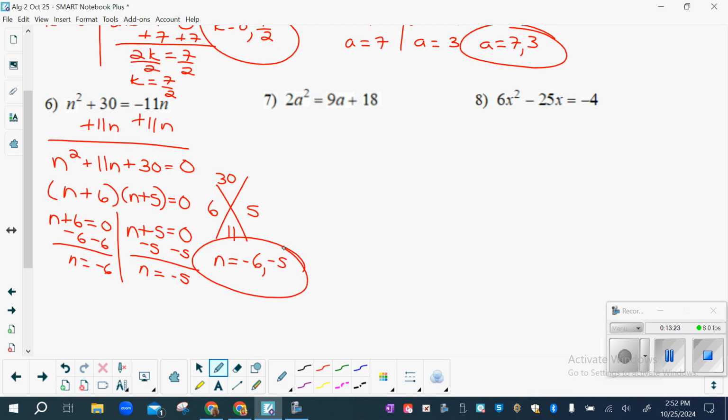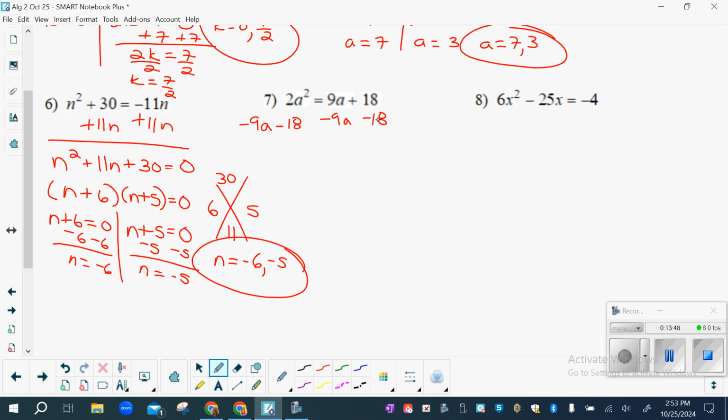Okay, and number 7. Pay attention to this one, because it's one that students do something wrong on a lot. So what would we do to get this one in standard form? Yeah, let's subtract 9a and subtract 18. Good. Why subtract 9a and 2a squared? You don't want a negative 2a squared.